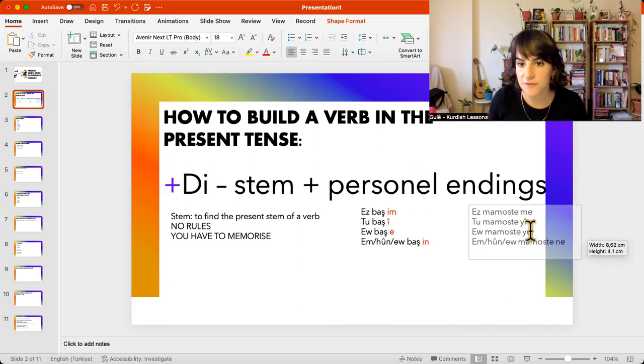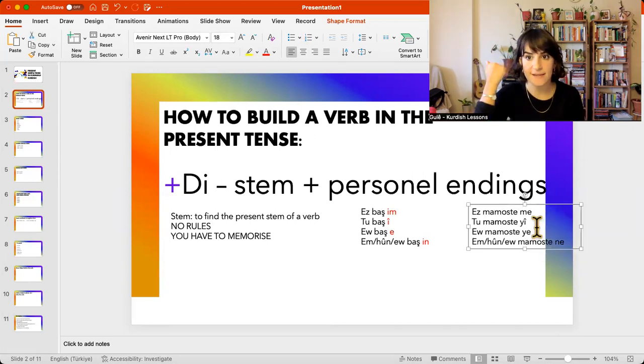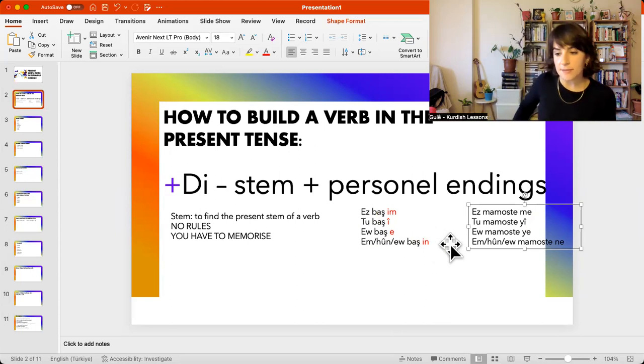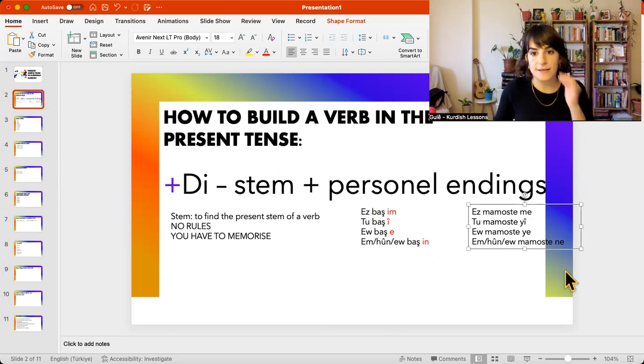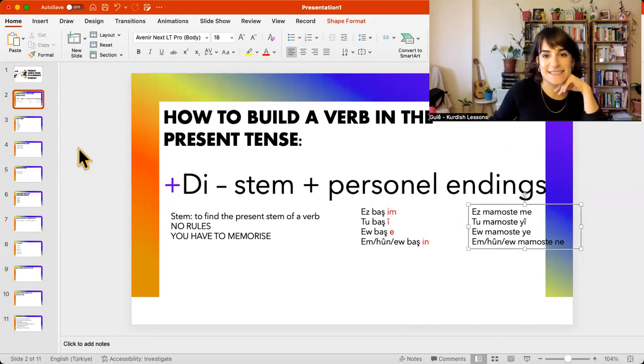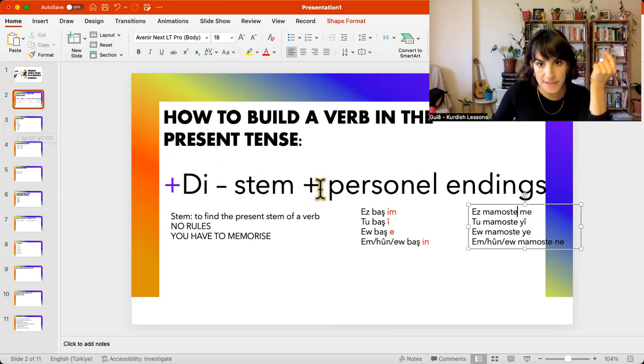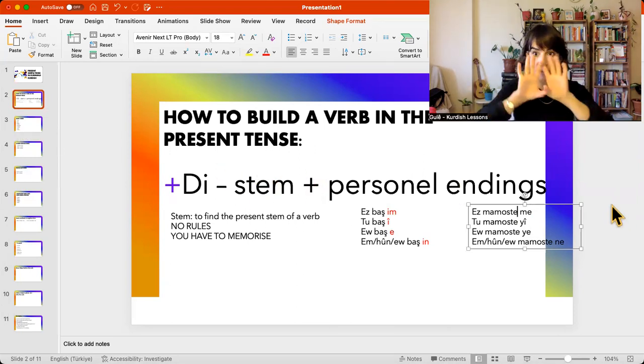It is a reminder of these endings for your noun sentences. But for present tense, we need these endings, okay? So now you know the rule. Let's continue. Don't forget: "di", stem, and personal endings is our rule to conjugate a verb.